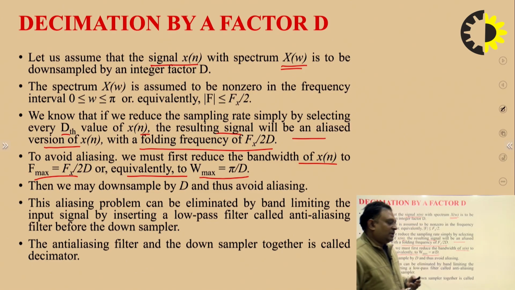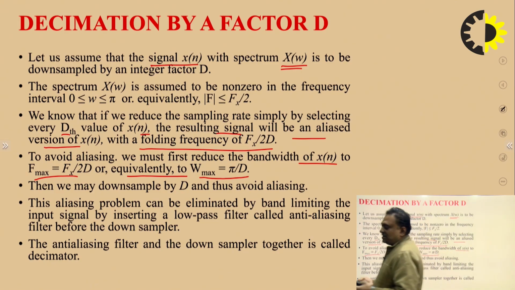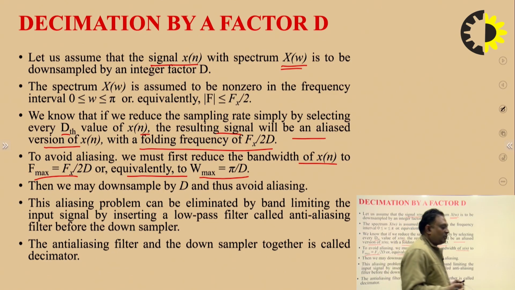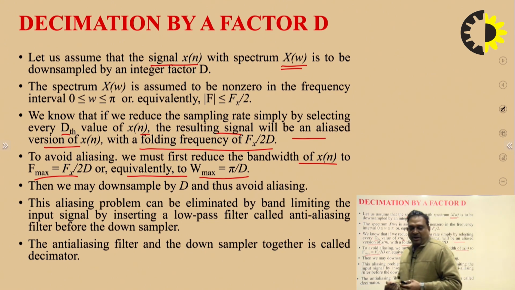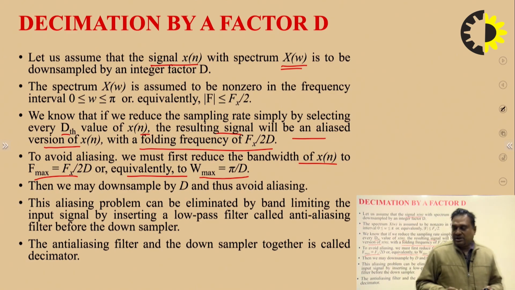So how can you avoid this aliasing effect? By band limiting the signal first and then doing the downsampling. So the expansion that occurs in the spectrum in the process of decimation will now be adjusted against the initial reduction of the signal's bandwidth.